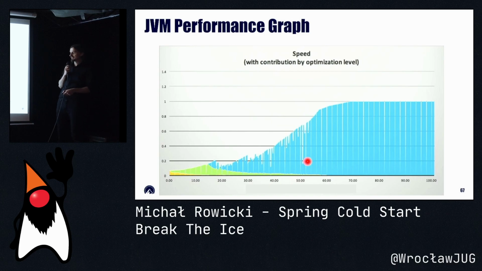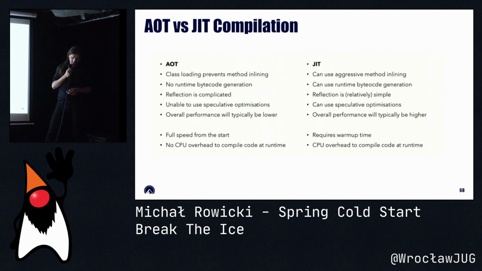And after that, C2, step by step, improves our code. So the best option is to make the snapshot, like for this example, after 65 minutes of running, and then we can reuse the archive, reload it, and start with the full throughput, like with the ahead-of-time solution.